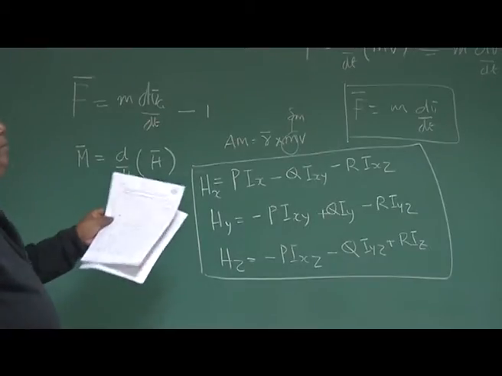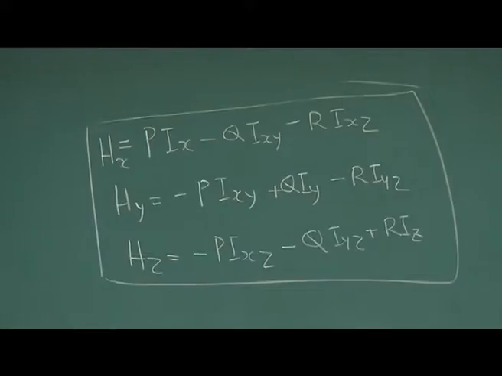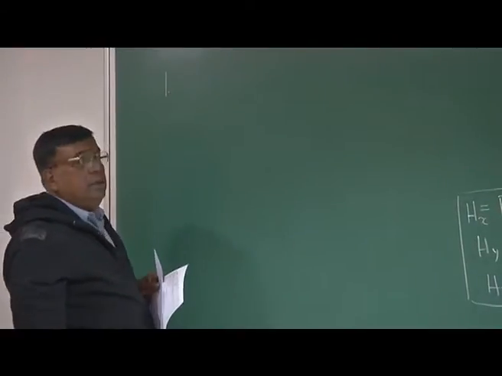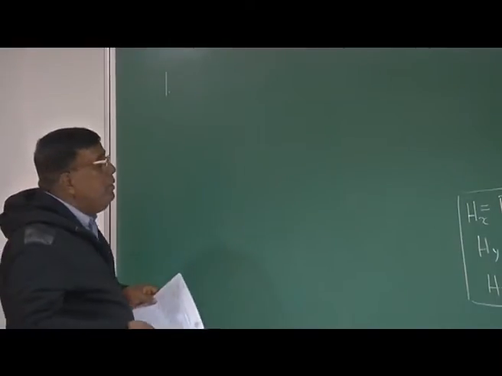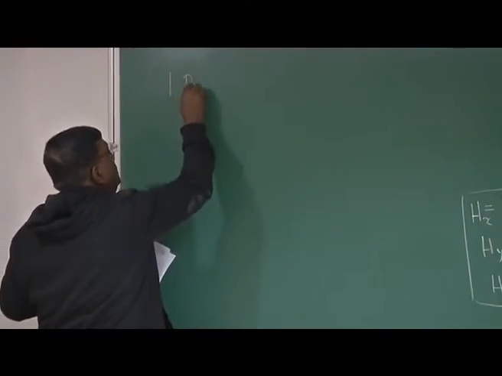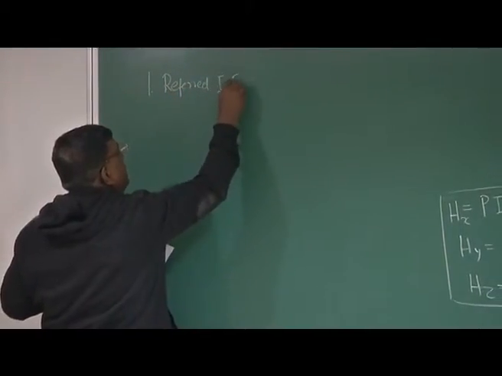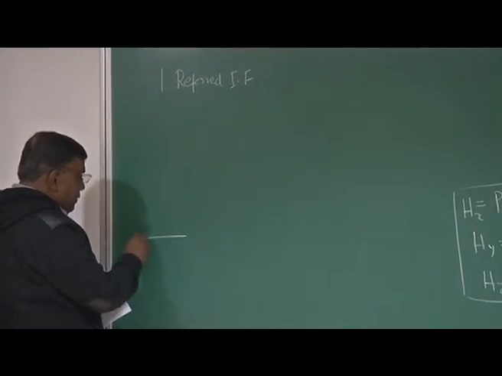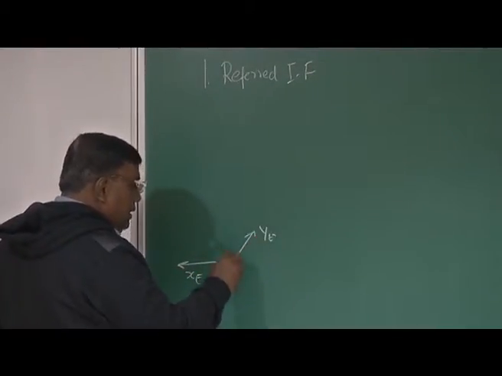So, I will go a little more into this so that you are clear what exactly is happening. One thing we should not forget: since we are applying Newton's laws of motion, we define everything, the velocity, angular momentum, all these things, with reference to an inertial frame, right? And in our study, what is the inertial frame? It is the earth fixed inertial frame. So this is XE, YE and ZE.